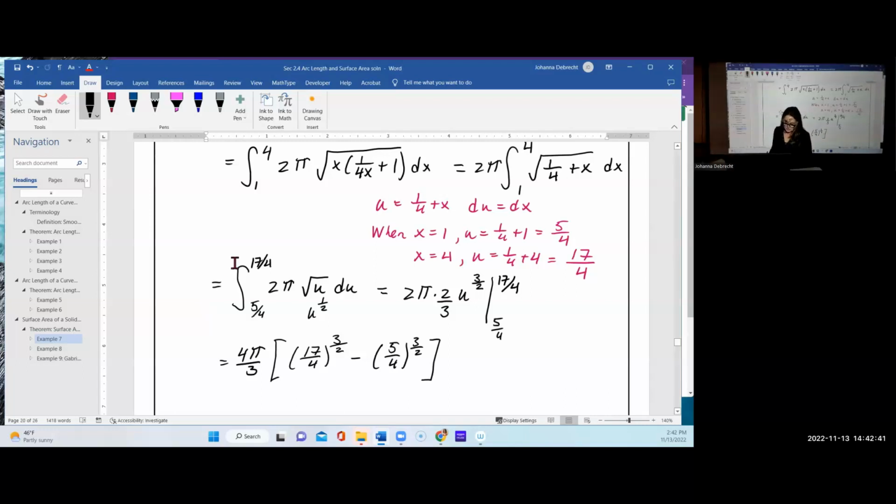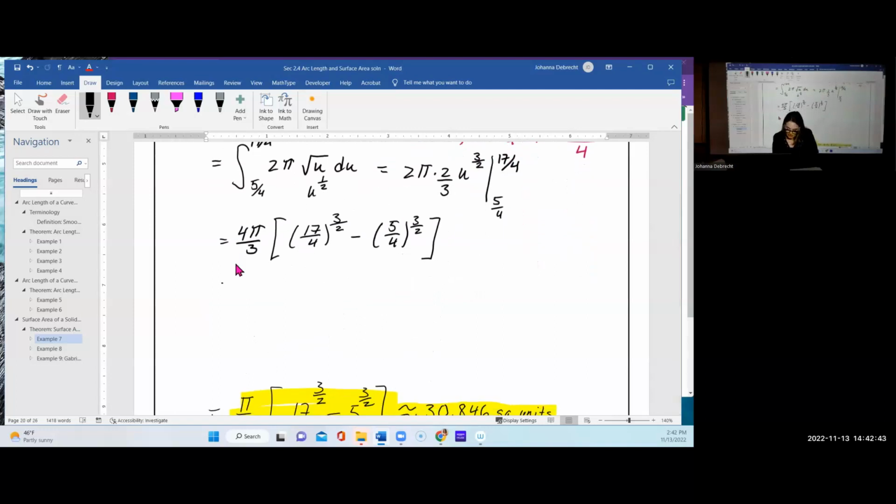So when I simplify this, I end up with 4 pi over 3 times 17 over 4 times the square root of 17 over 4 minus 5 over 4 times the square root of 5 over 4.